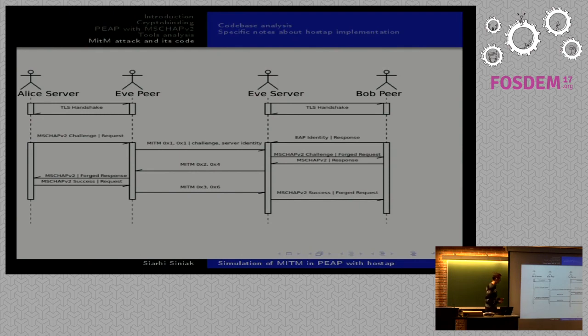If peer successfully builds a forged MS-CHAP-v2 challenge response, Alice server verifies it, everything is okay, and sends success request.